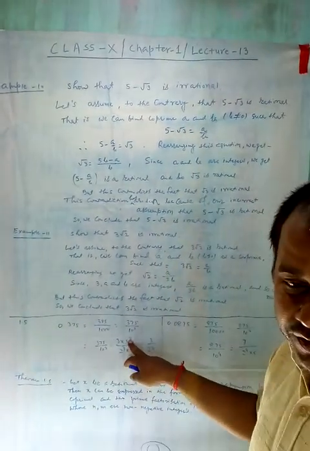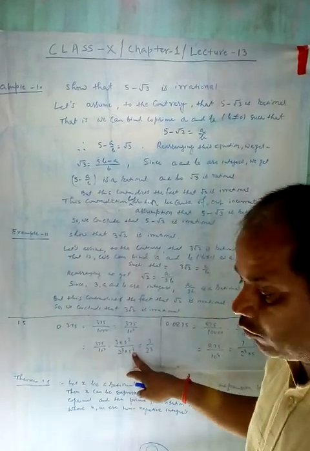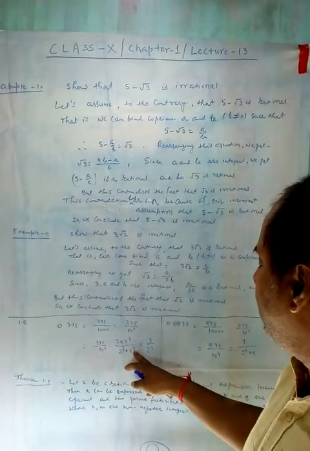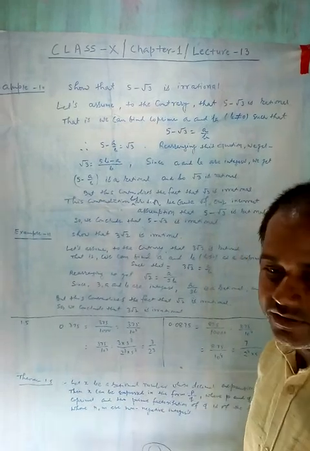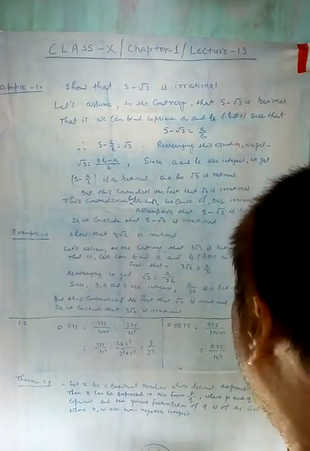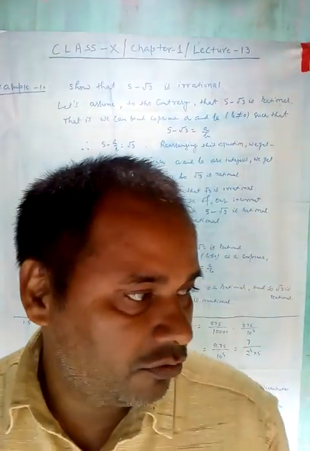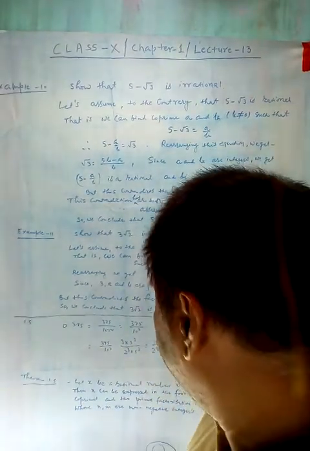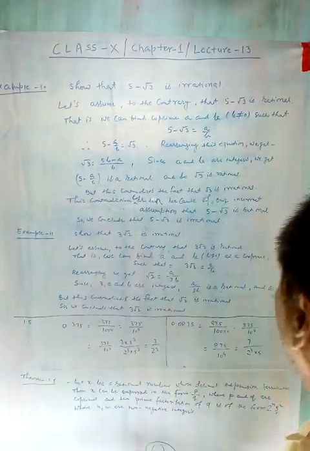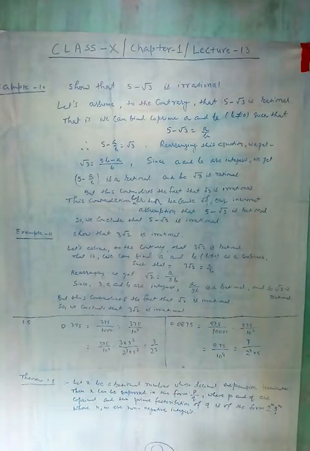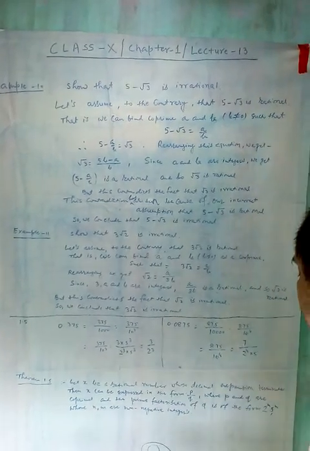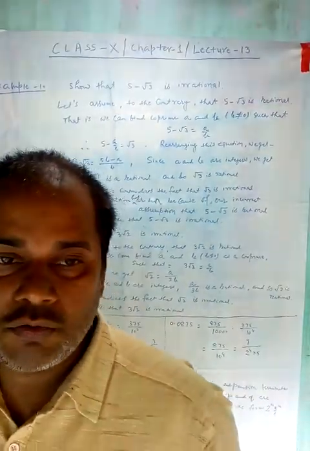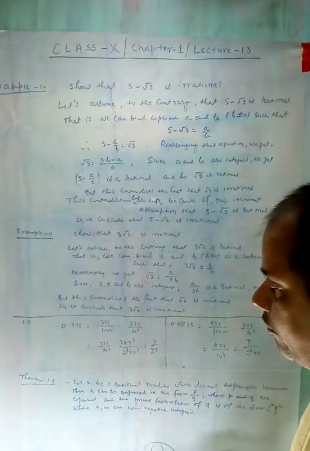The 5 to the power 3 is common to both numerator and denominator, so you can cancel it and you get 3 by 2 to the power 3. Similarly, 875 by 10 to the power 4 is equal to 7 by 2 to the power 4 into 5.